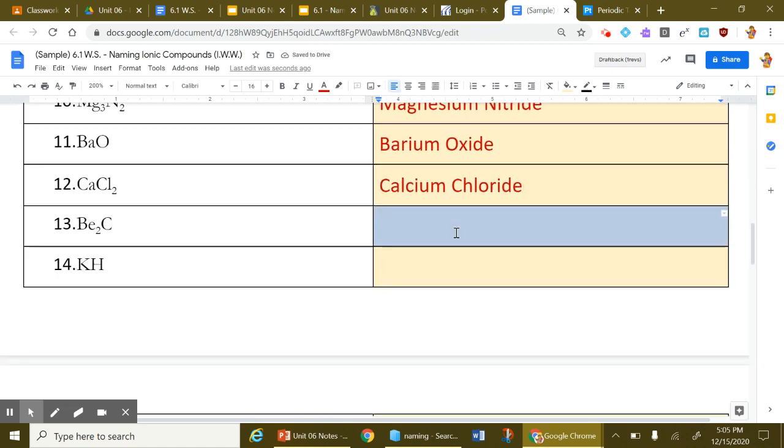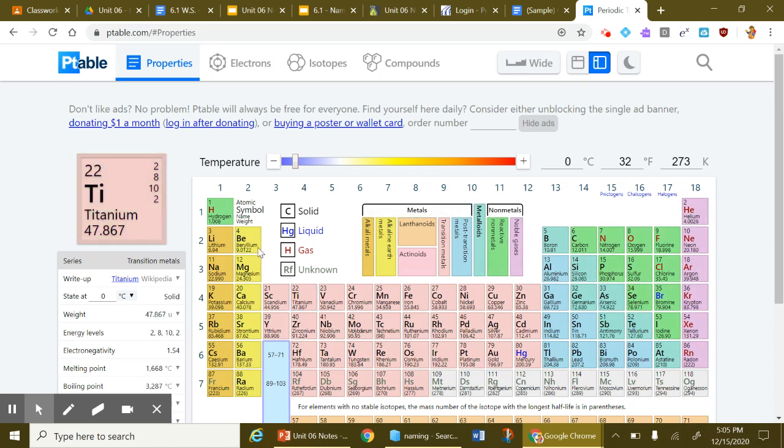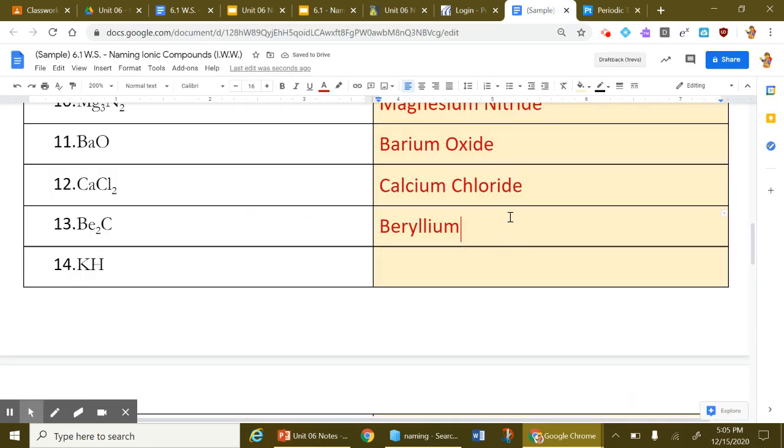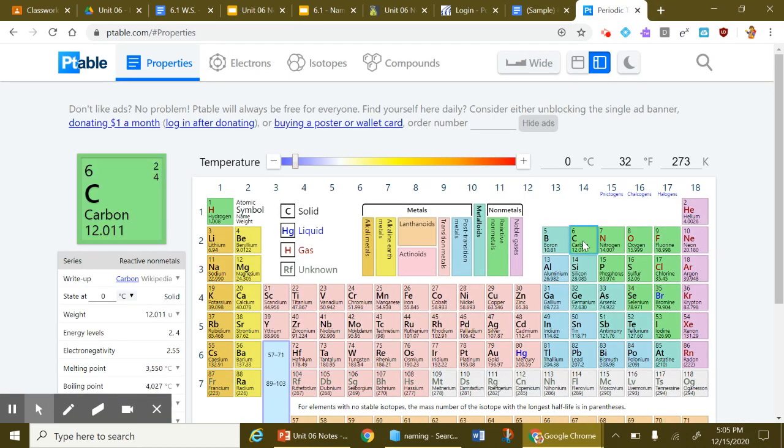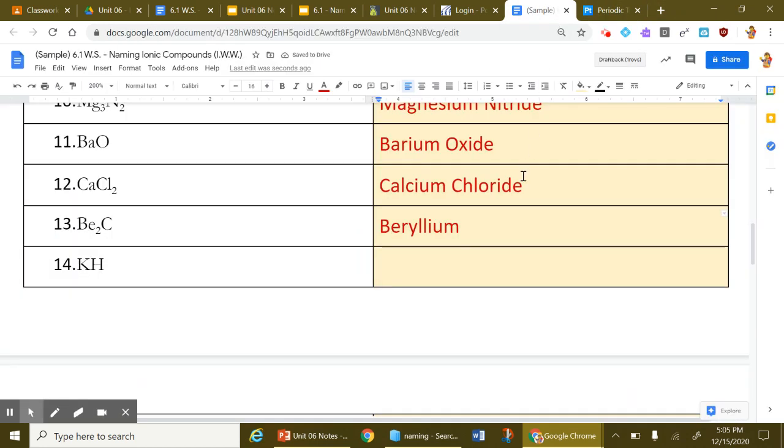Be is beryllium. Let's see if I remember how to spell this. Beryllium. I think there's two L's. There is. Hey, I teach this stuff. Beryllium. And C is carbon, which as a negative ion is carbide. So this is beryllium carbide.